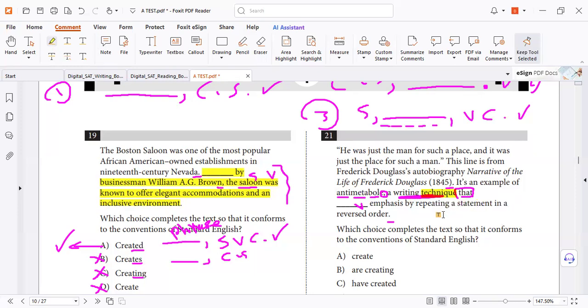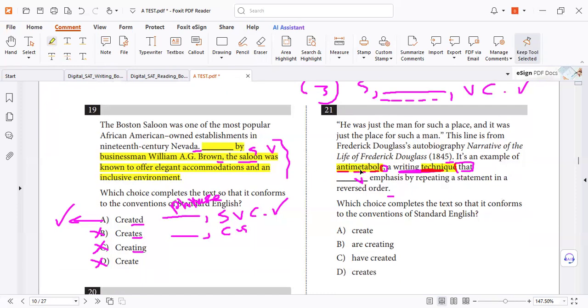If you don't understand what writing technique means, it is the same with the preface because it's an appositive phrase. So your subject is anti-metable or technique. This is singular, so you need a singular verb. What is singular? Letter D. Remember, this is the only way to understand. Don't follow hacks like if you find three plural, delete; three singular, delete.